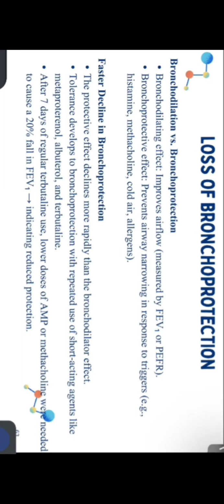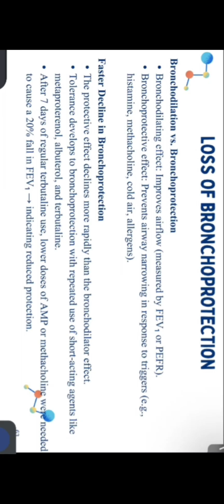And then, meron tayong faster decline in bronchoprotection. The protective effect declines more rapidly than bronchodilator effect. Sabi niya, tolerance developed to bronchoprotection with repeated use of short agents like metaproterenol, albuterol, and terbutaline.